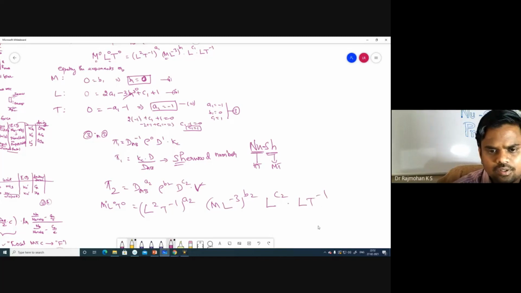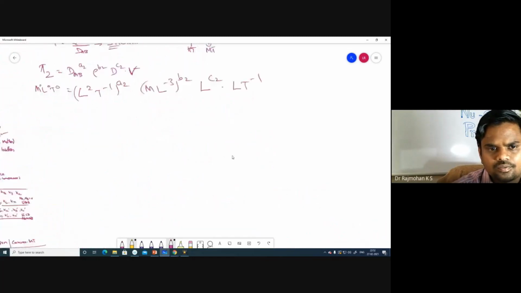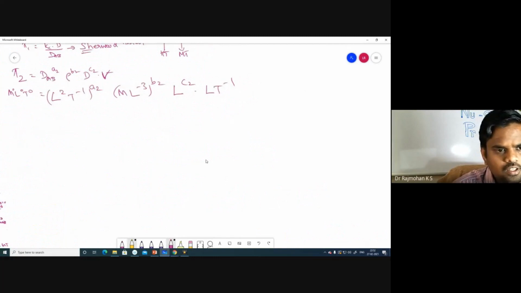Okay, so now we can easily equate the exponents of M. Dimension M, left hand side is 0, equal to M is only here, so simply we have b2. So here also we have b2 equal to 0.